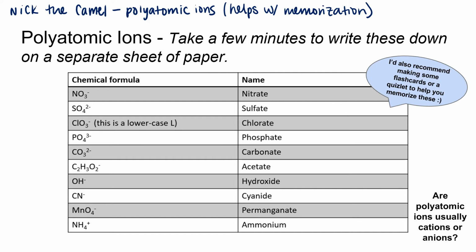So when we take a look at these polyatomic ions, would we say that polyatomic ions are generally cations or anions? Well, when we take a look at the formulas, we would say that they are generally anions because they are mostly negatively charged, with the exception of ammonium.